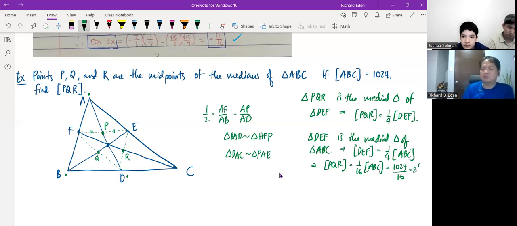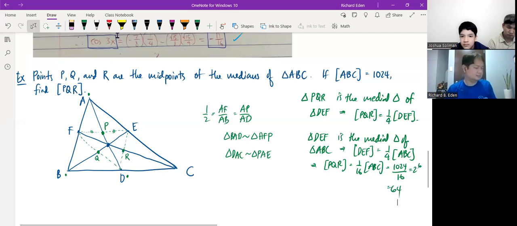So that's going to be 2 to the 6, so that's 64.